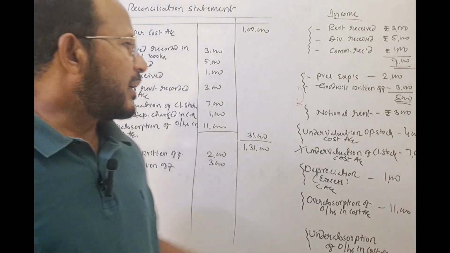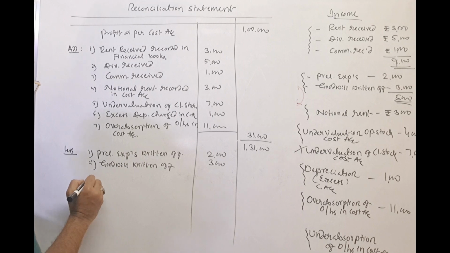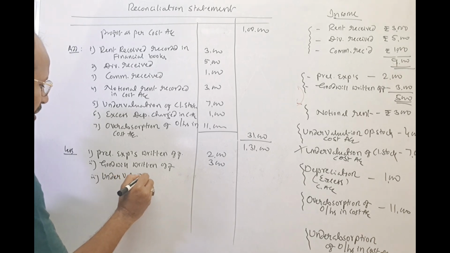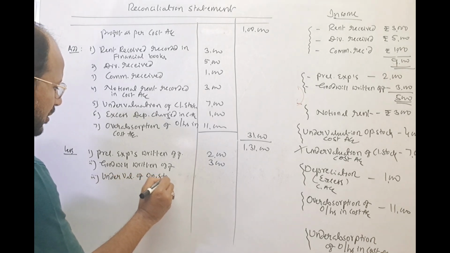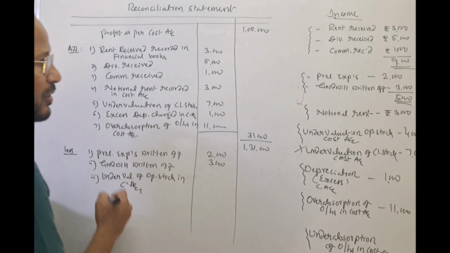Next one is undervaluation of opening stock is given rupees 4,000. Number 3, undervaluation of opening stock in cost accounts.